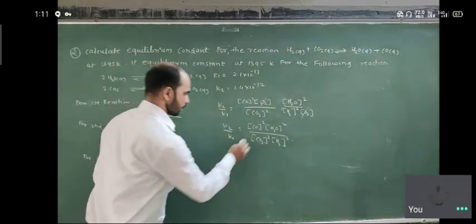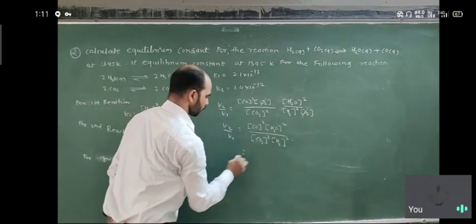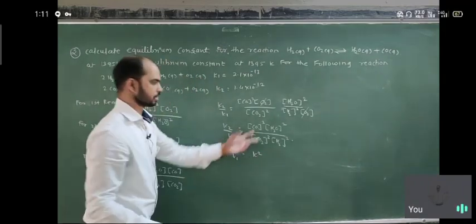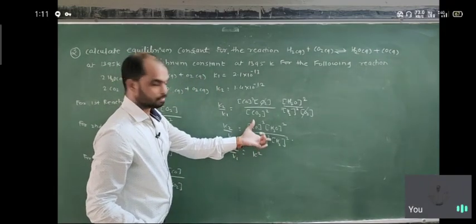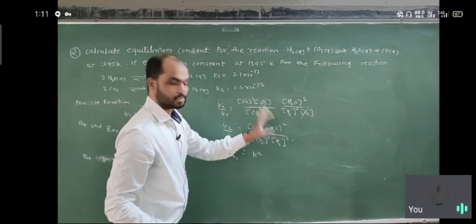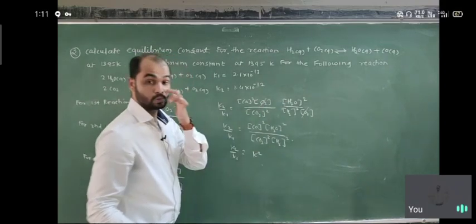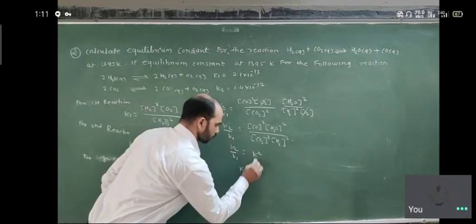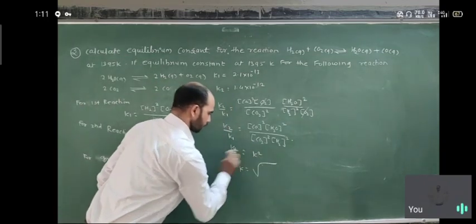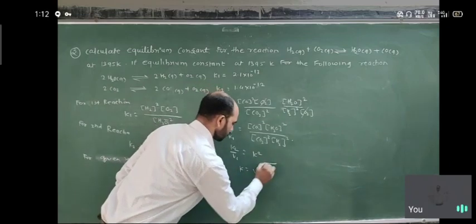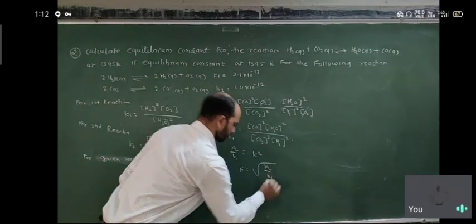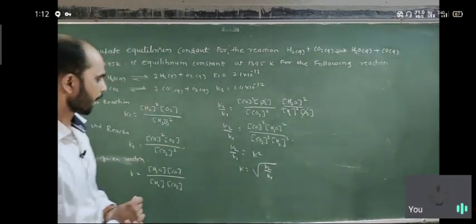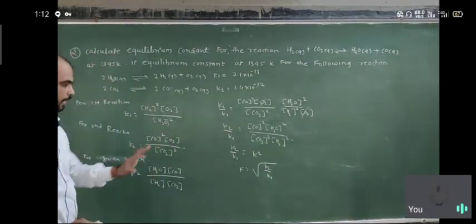K2 upon K1 is equal to K squared, because this is the product of K1 and K2, that means it is considered as K squared, because of the two equilibrium constants. So K is equal to the square root of K2 upon K1, and we already have the values of K1 and K2.